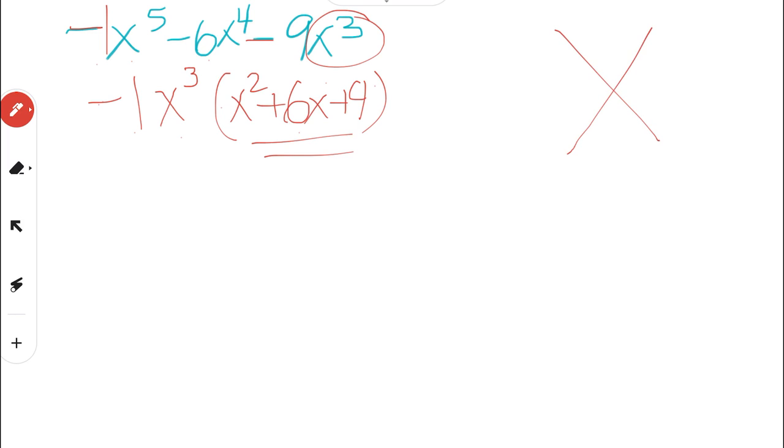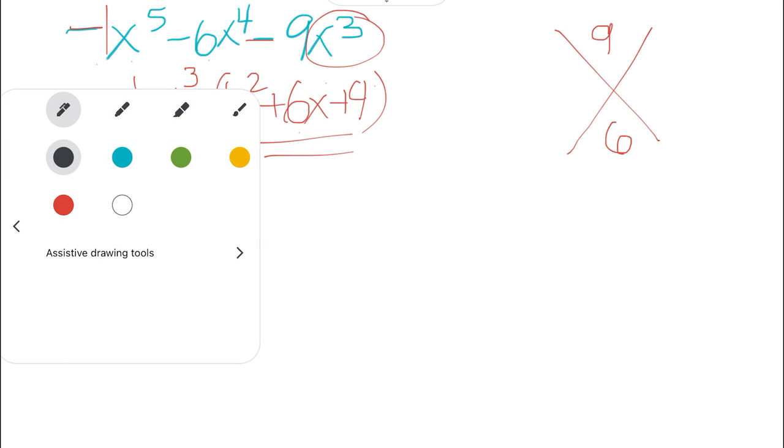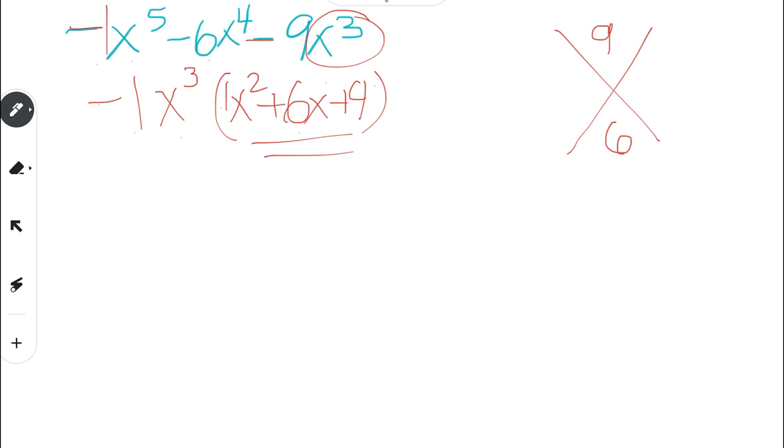Let's use our diamond method to factor this further. 1 times 9 is 9, and b is equal to 6. So we need to come up with 2 numbers that multiply to give us 9, but add to give us 6. Those 2 numbers are 3 and 3.